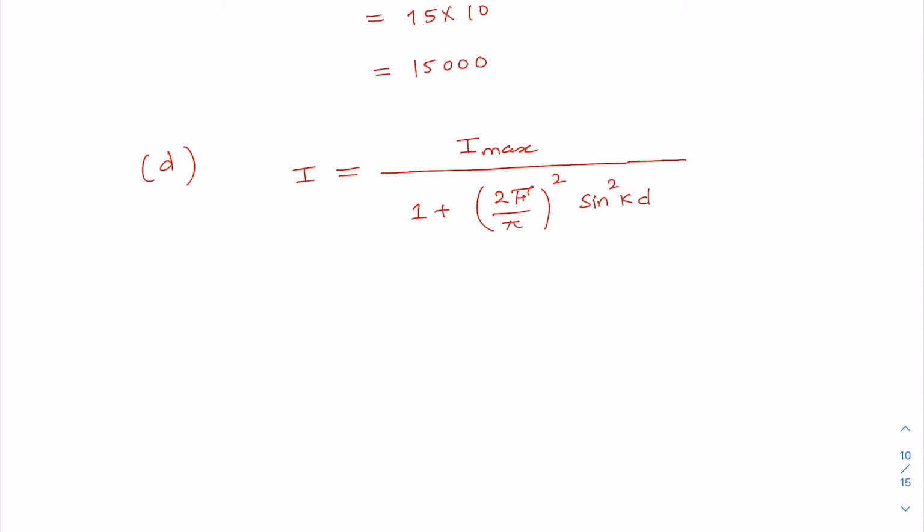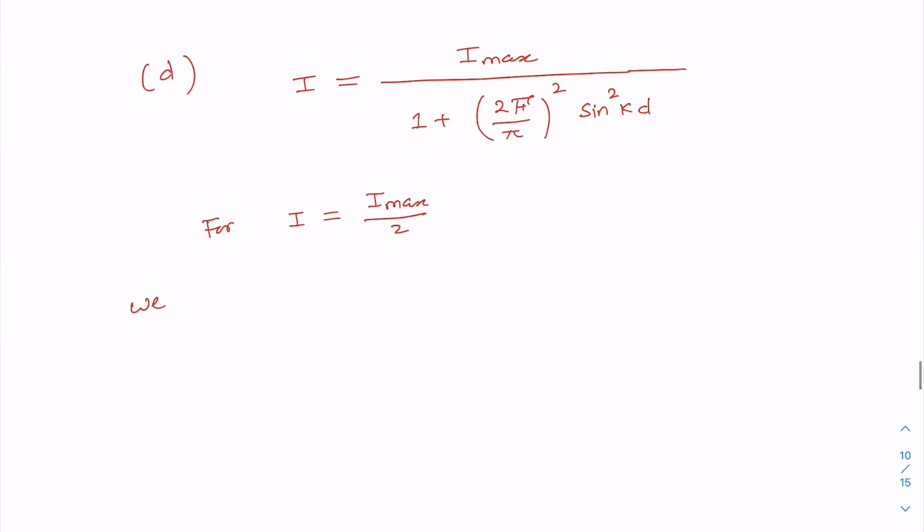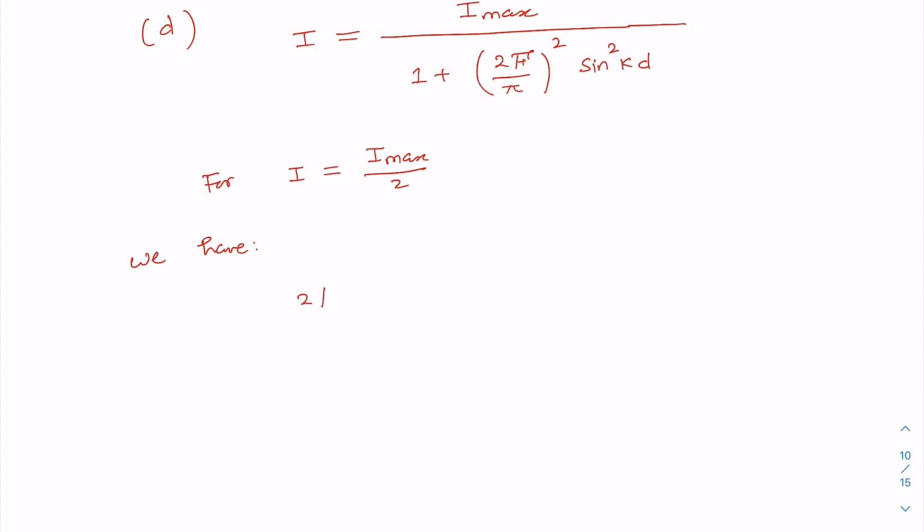D is the length of the cavity, k is the wave number, F is the finesse. Now for I equal to I max by 2, we can see that we'll have (2F by pi) whole square sine square kd equal to 1.